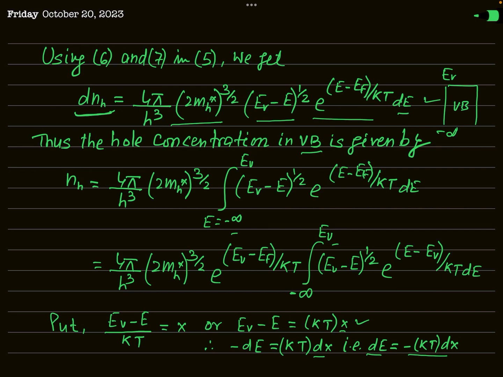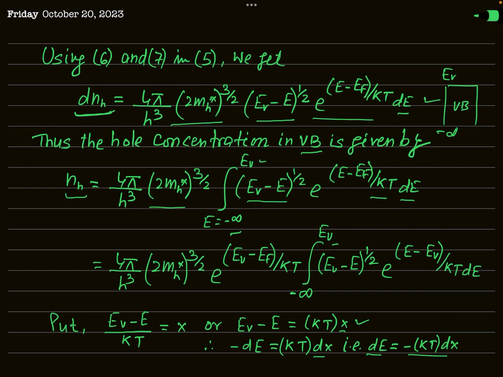If that concentration is denoted by the symbol NH, then NH will be equal to 4π over h cubed times (2mh star) whole to the power 3/2, times the integral of E from minus infinity to EV of (EV minus E) to the power half times e to the power (E minus EF) over kT dE. Again, for integrating, we have to do some simple algebra.